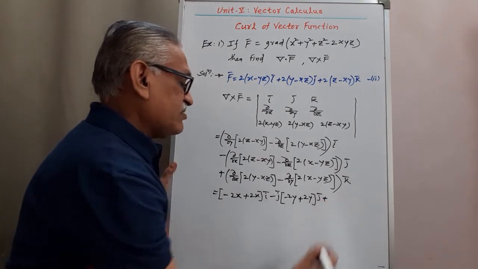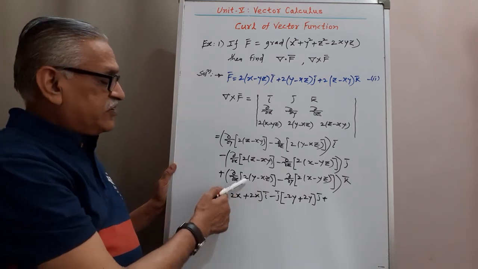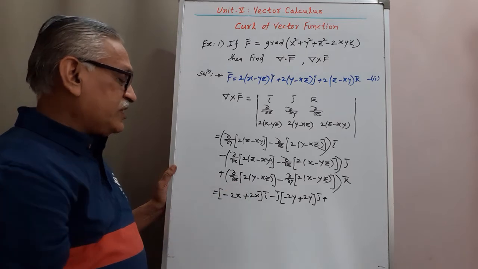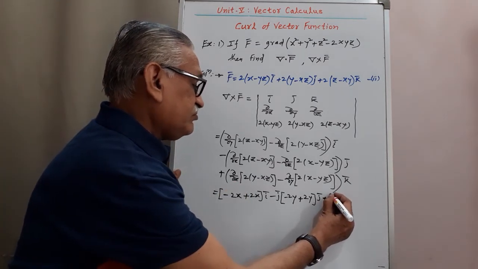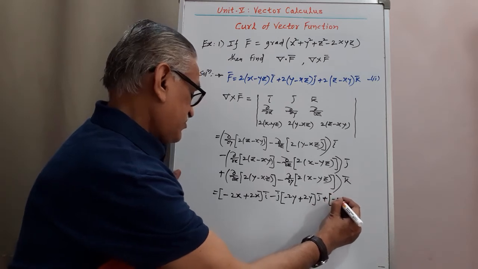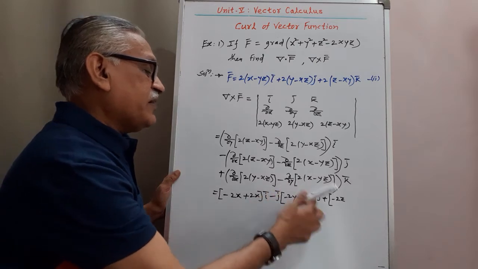plus, differentiating this term with respect to x, its derivative is 0 and its derivative is minus 2z, and minus, and this minus it becomes plus.